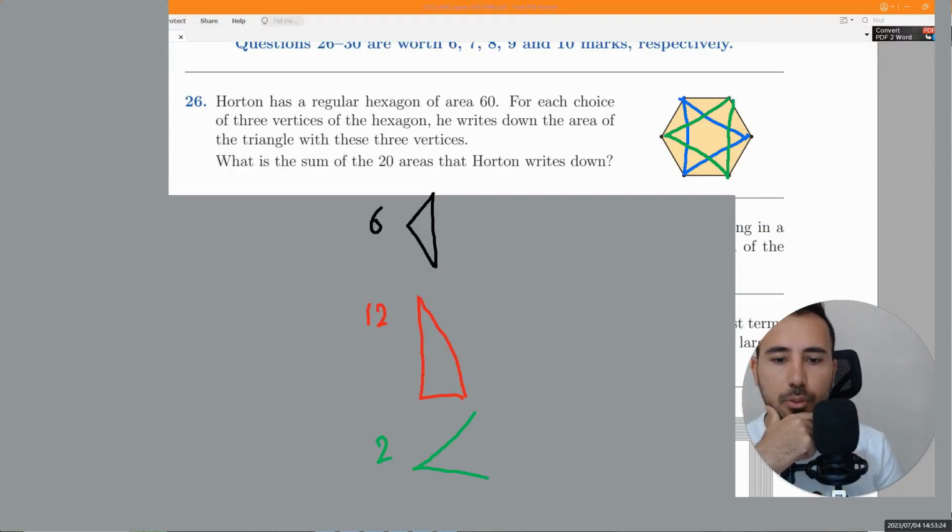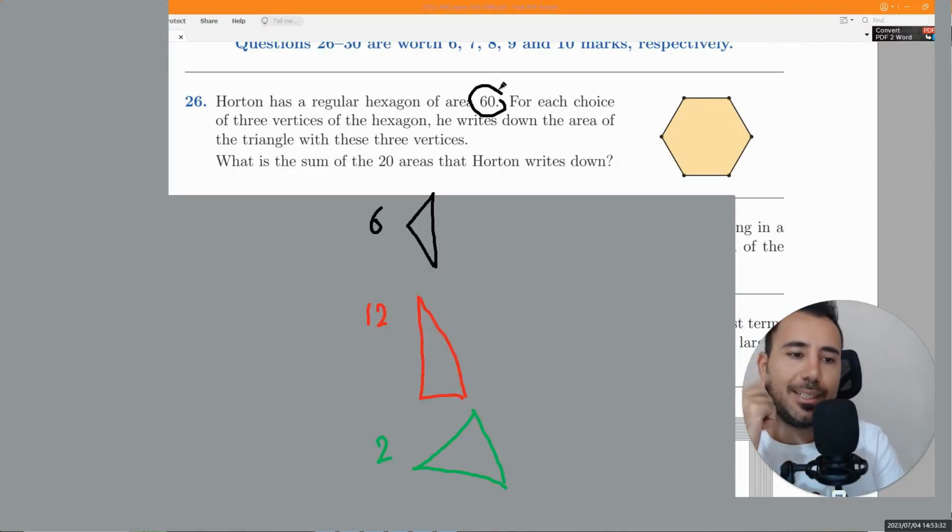We have 2 of these bigger ones. The reason the question has chosen 60 is because they want to make the question easier. 60 is divisible by 6. So for example, if I have this one, how many of them can I make like this?